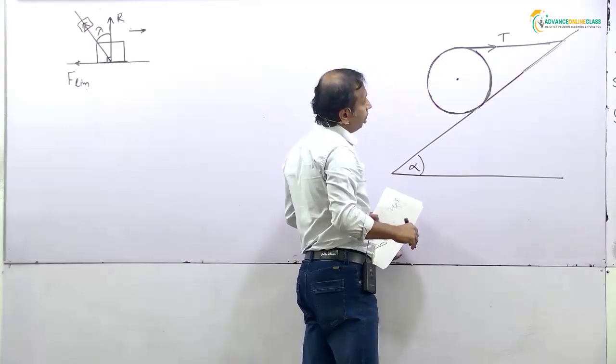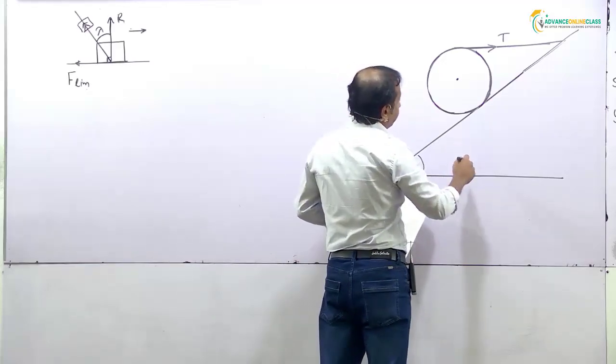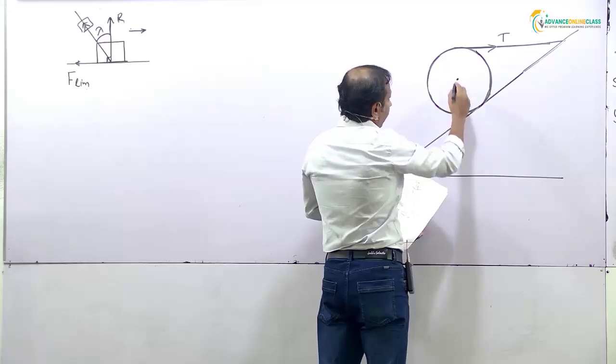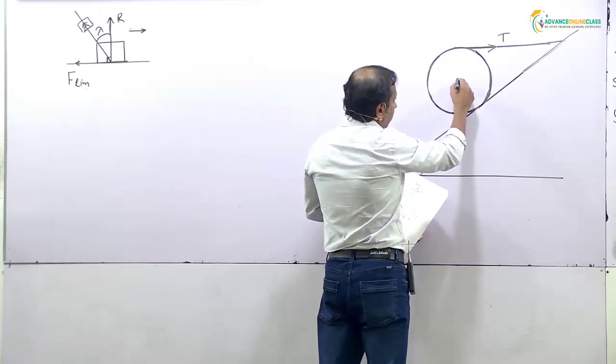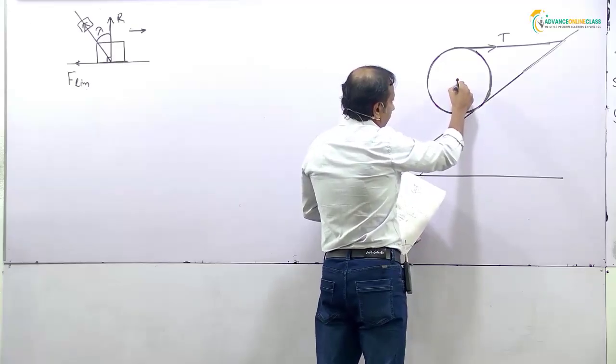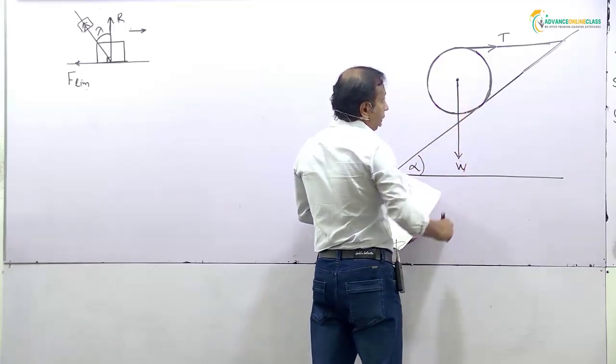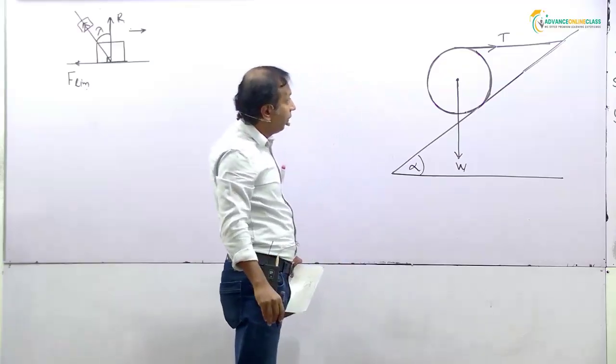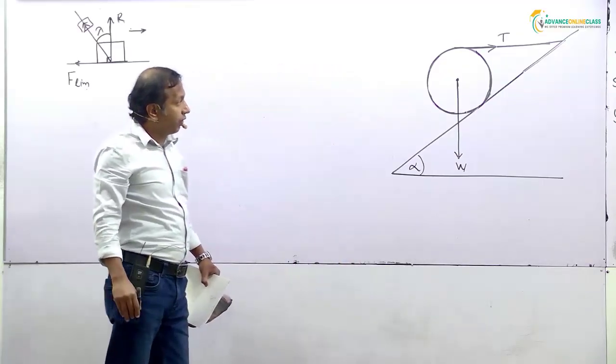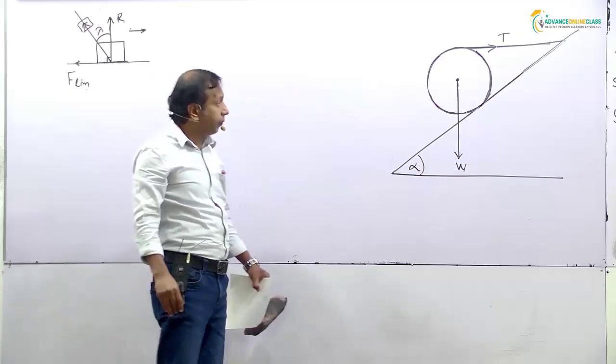And weight W acts like this. Weight W of a uniform sphere acts through the center of gravity, which is at the geometric center.